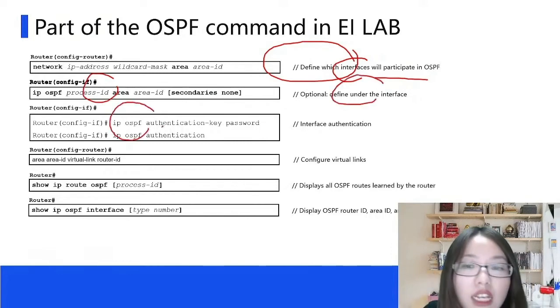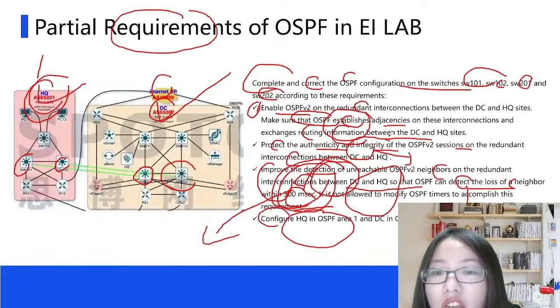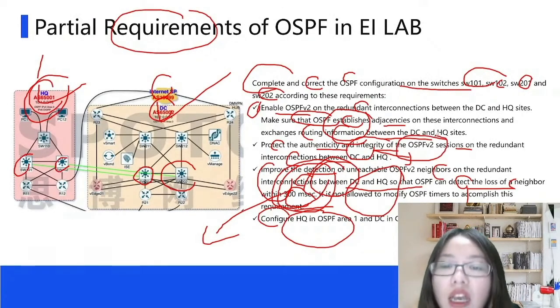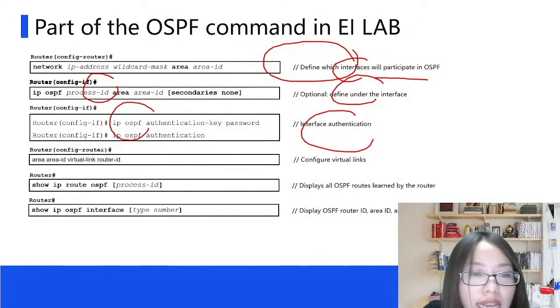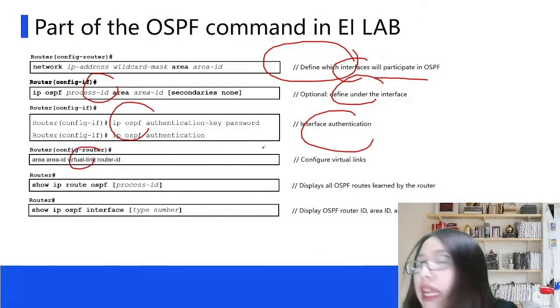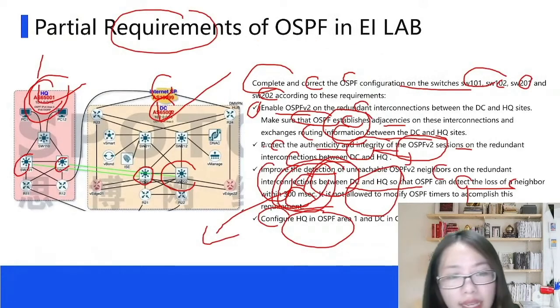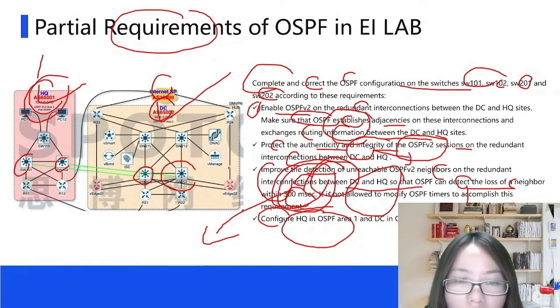This part is about authentication, because the second requirement requires us to configure authentication.